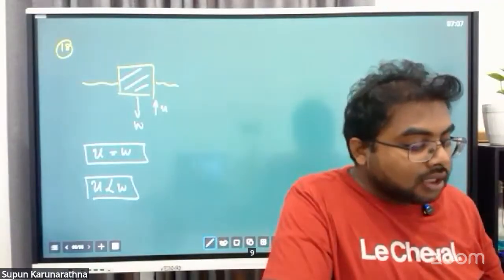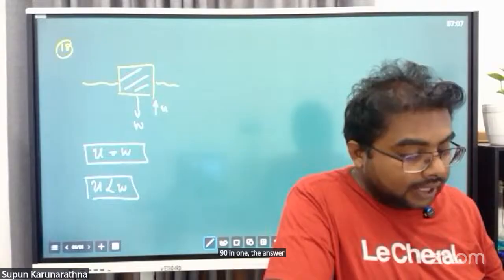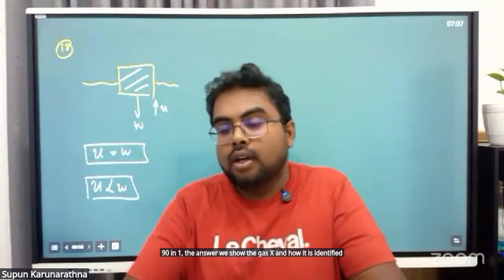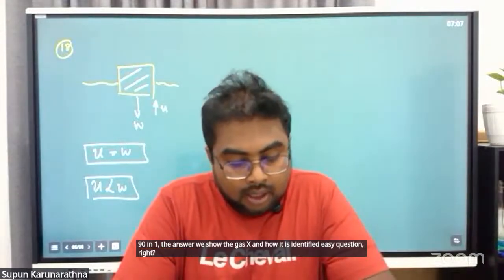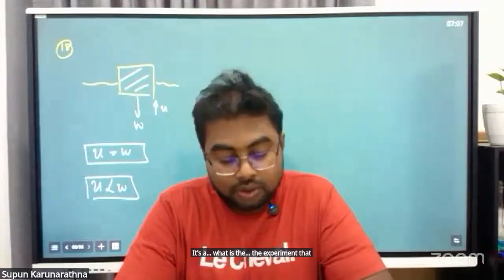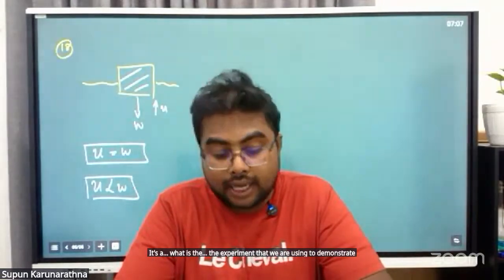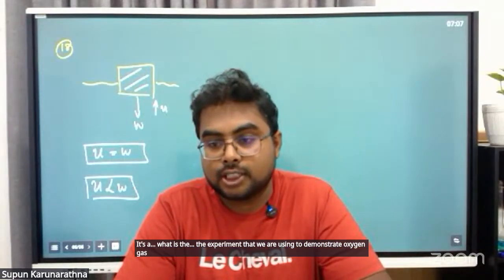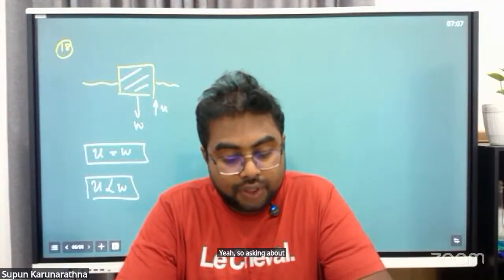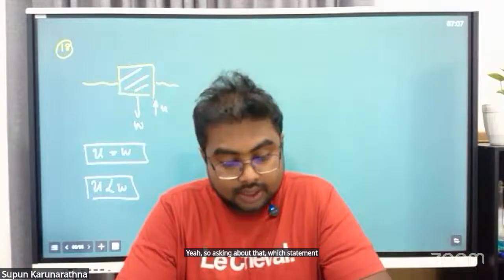Question 19.1. Name the gas X and how it is identified. Easy question, right? What is the experiment that we are using to demonstrate oxygen gas produced during photosynthesis? So which statement is correct?